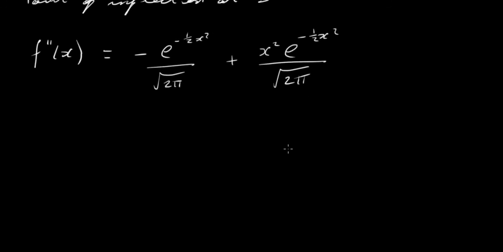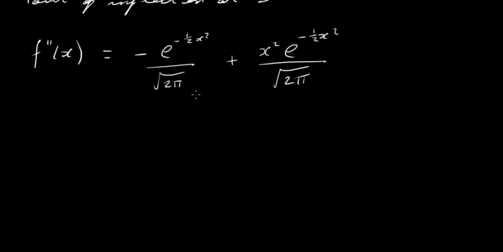So this was our second differential. Now what we can do here is just work backwards to see, do we get a point of inflection at the point x is equal to minus 1. So if we can work out what x is when all of this is equal to 0.